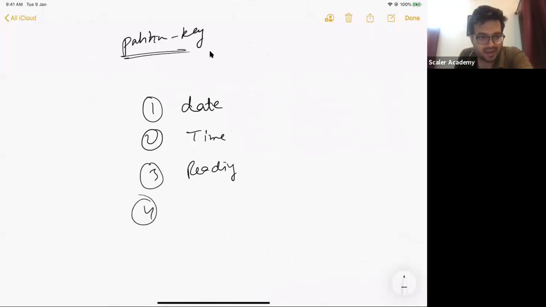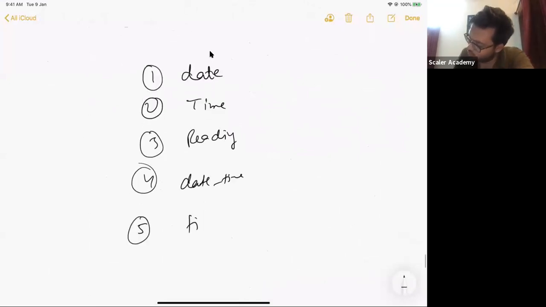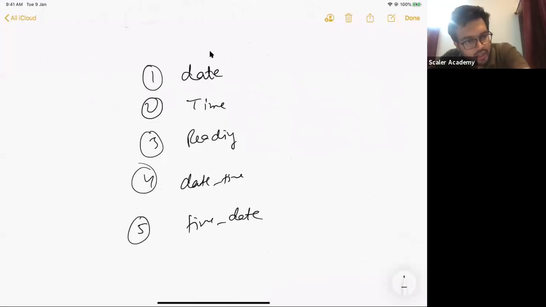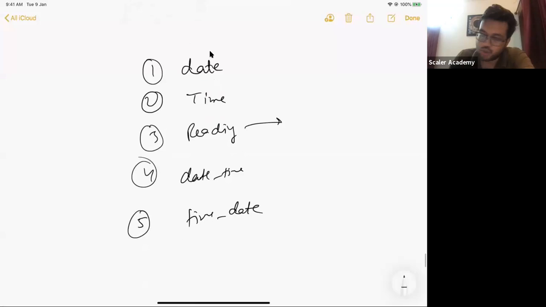Then maybe date underscore time, and then maybe time underscore date. Anybody else who feels anything else should work here? Anything else out of these? No, right? Cool. So how many of you feel that reading should be the key for partition?